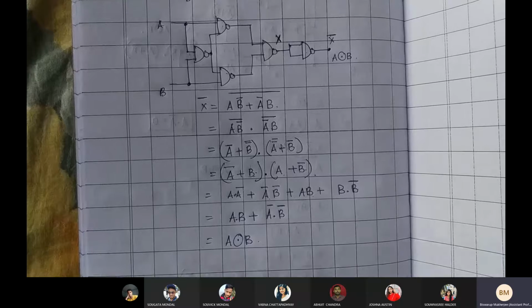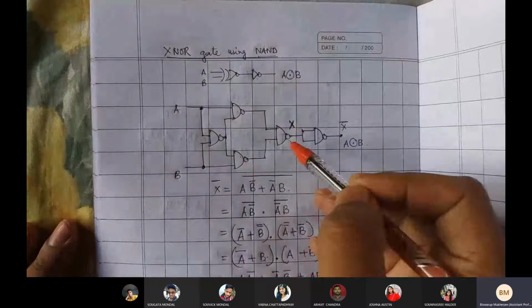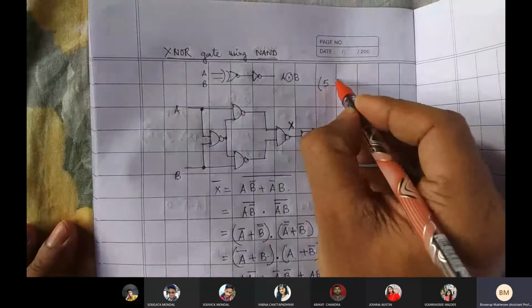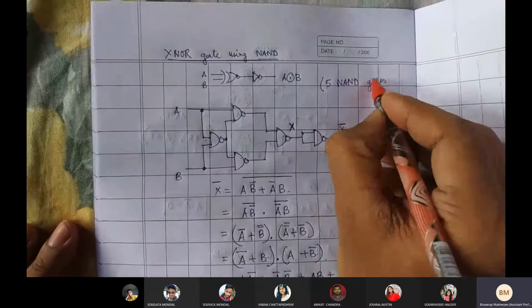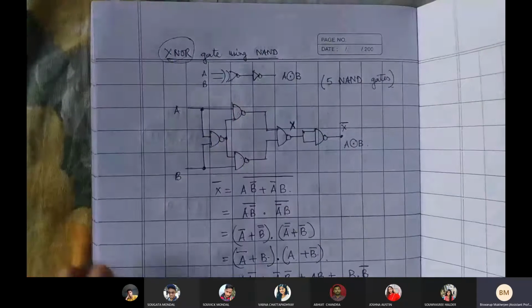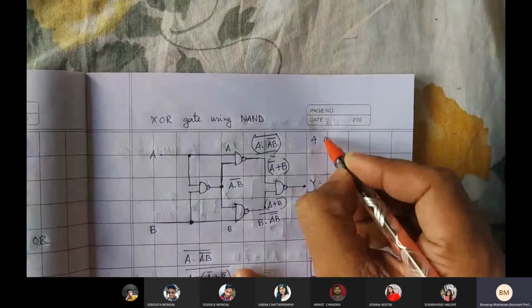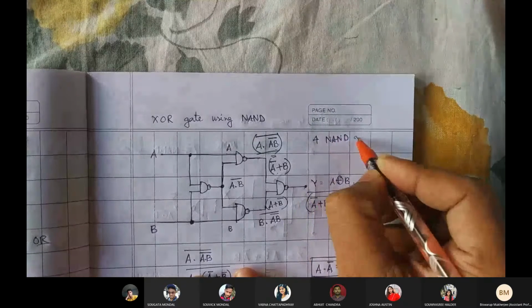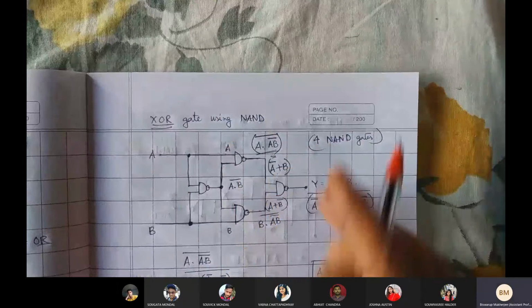That means in case of NAND, we found that 5 NAND gates are required in order to make XNOR, and 4 NAND gates are required in order to make XOR.